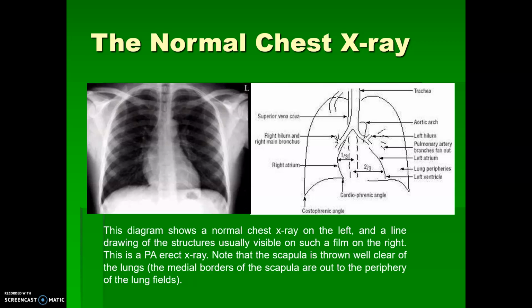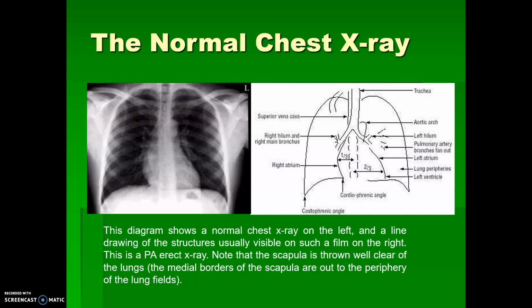The aortic arch shows as a knuckle just to the left of the carina, and the trachea is centrally placed with a small sliver of the superior vena cava to the right of it. And in fact, this is something that we look for when we're looking for subtle signs of either consolidation or collapse of the apices of the lung. That little white stripe on the right side there is lost if there is consolidation adjacent to it.